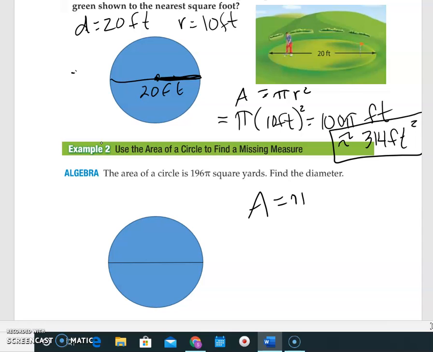The area is pi times the radius squared. So what we're going to solve for first is actually the radius, and then we're going to double that to find the diameter. We know that the area is 196 pi units, and we have pi times radius squared. I'm going to divide by pi.